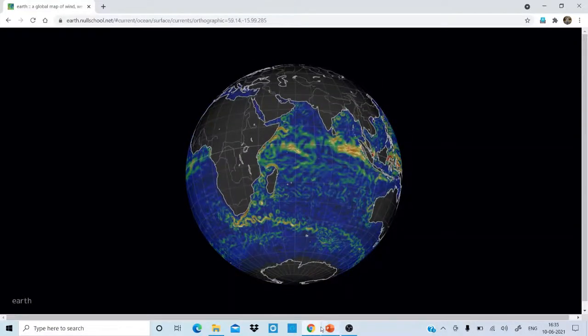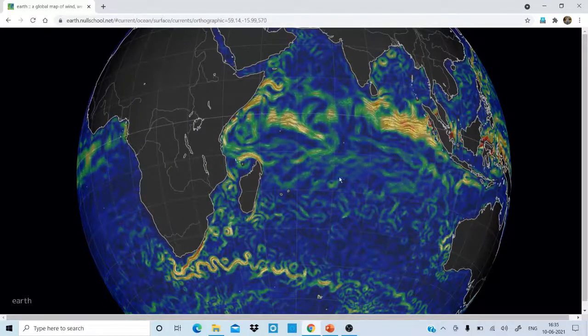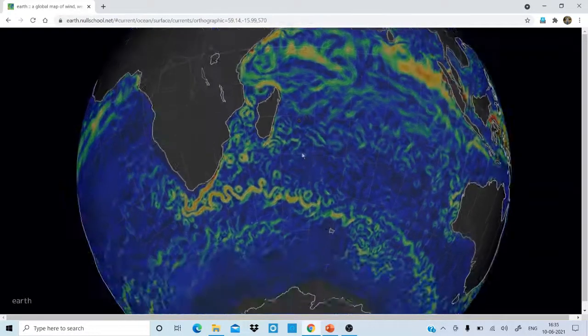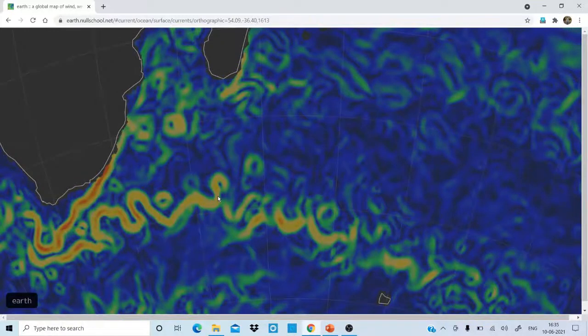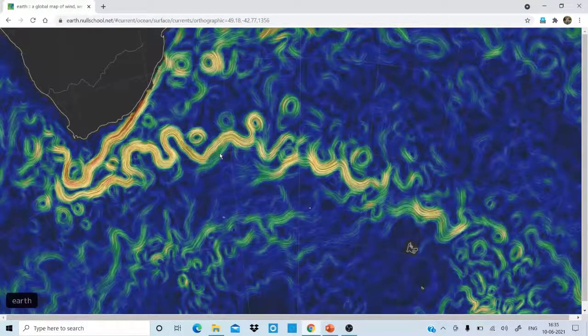The currents have these different properties. You may get this question in your mind: why do these currents meander, why are they not flowing in a straight path, just like a meandering river, which forms oxbow lakes?